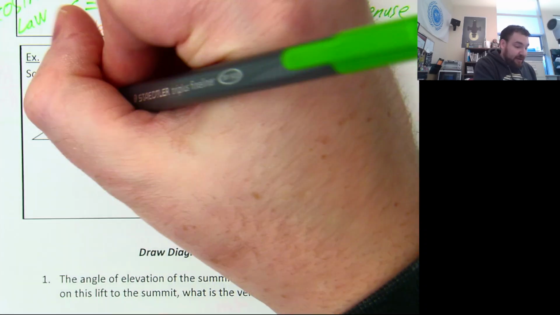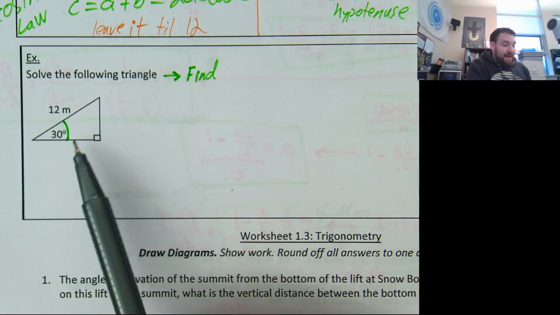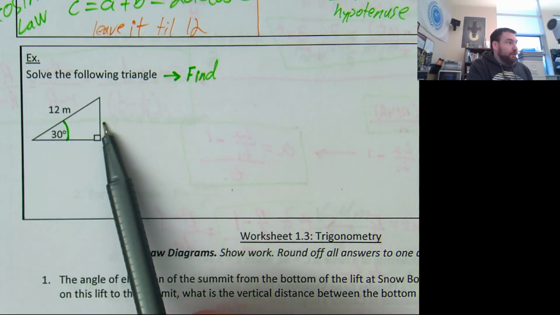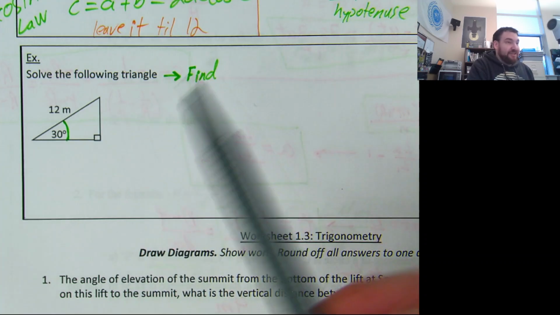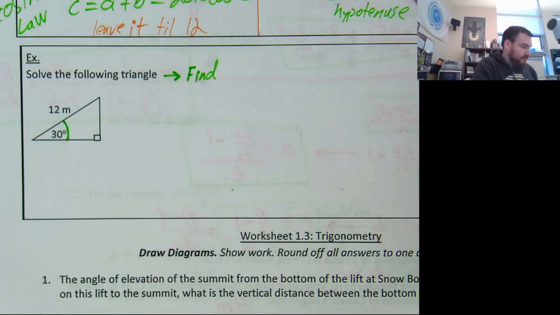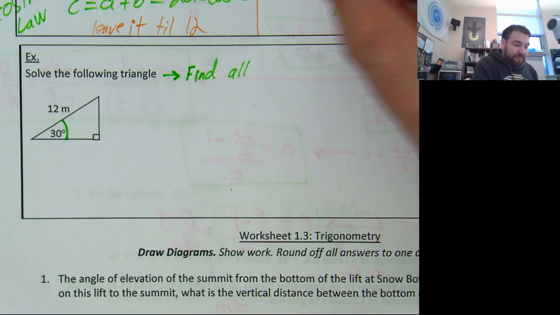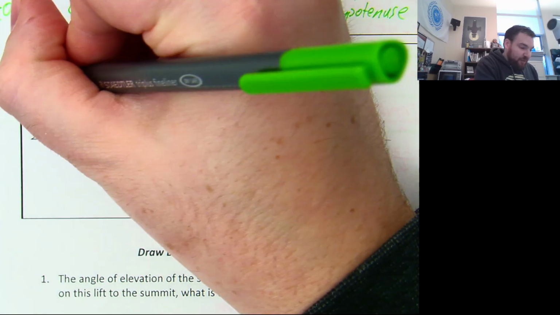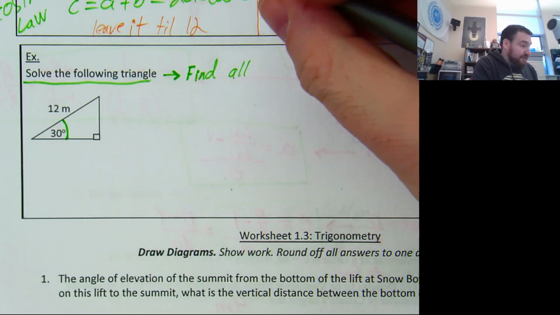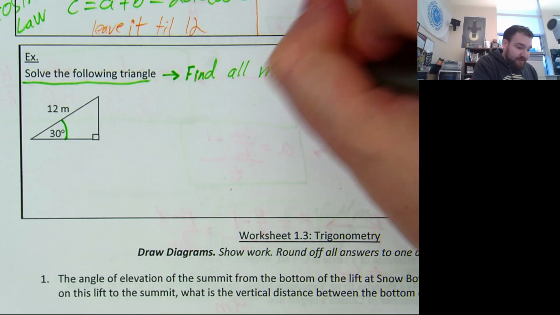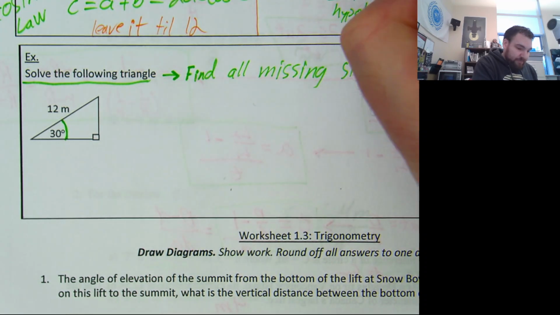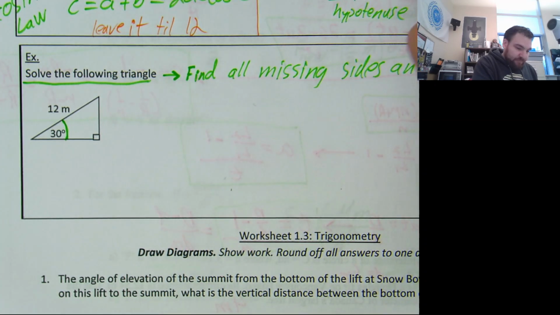This 30 is the angle. That bottom side we don't know. That vertical side we don't know. And we actually don't know that third angle. It's going to be trivial to find, but we don't know it yet. So when it says solve the following triangle, what it's asking you to do is find all missing sides and angles.